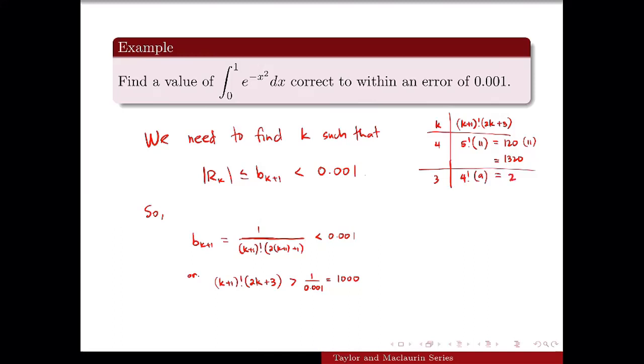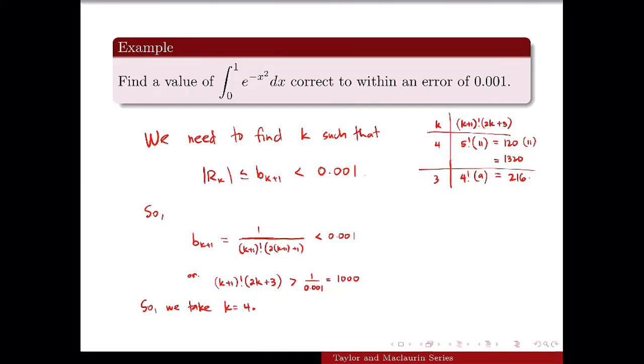This is just 216. So what does this mean? k equals 4 will be the smallest value satisfying this. Okay? So we take k equals 4.